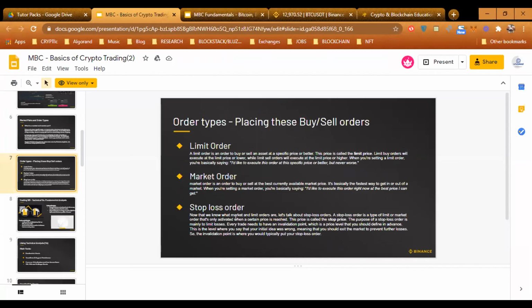So you know how to use the limit order, market order and stop loss order. Alright, so now let's go on.